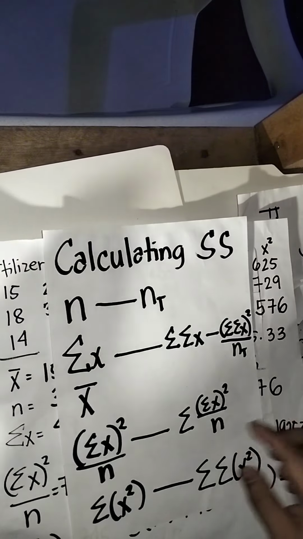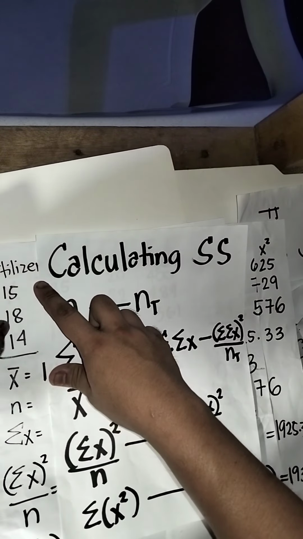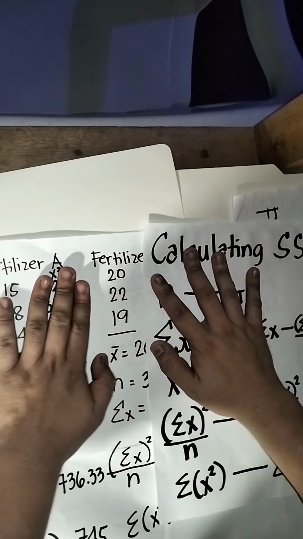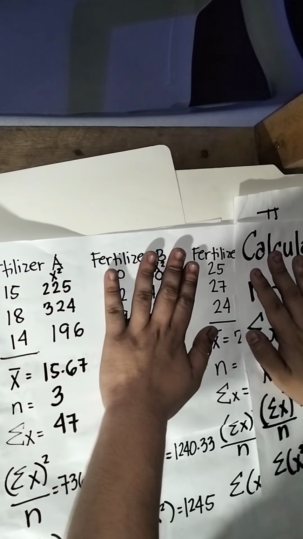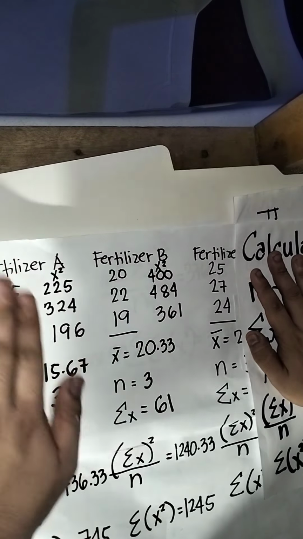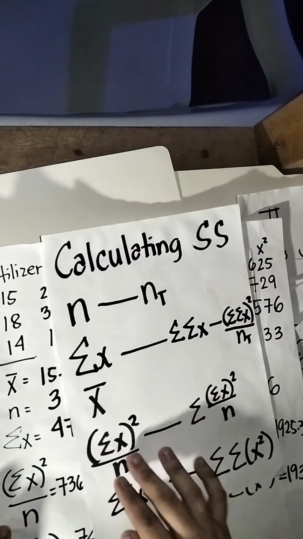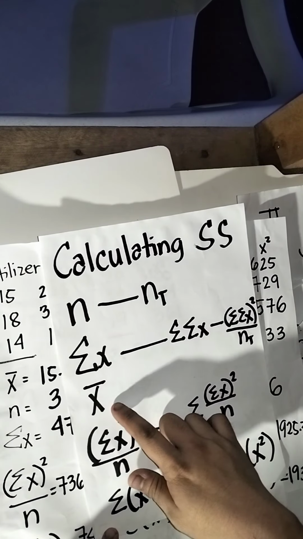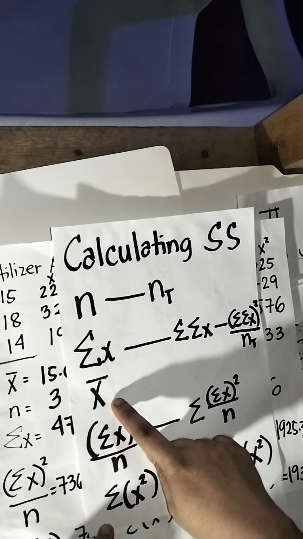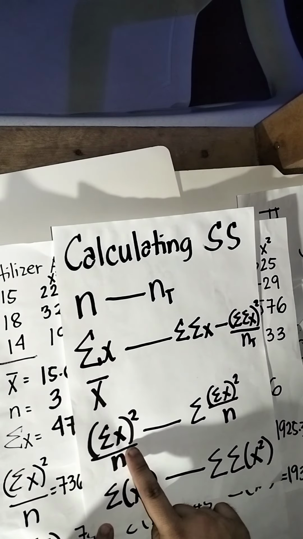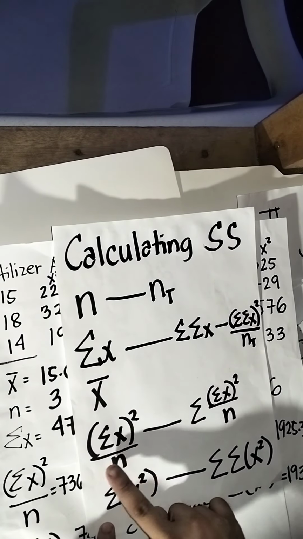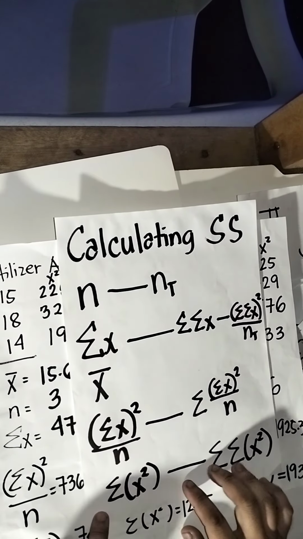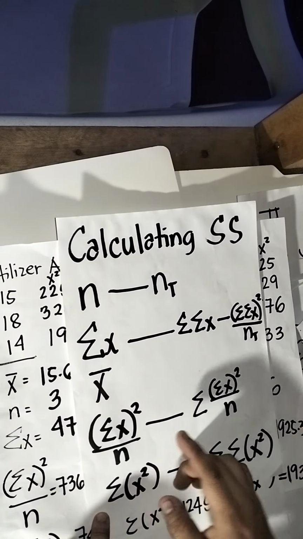For this one, pila man na to data nga ni? We have this one, 1. We have this one, 2. And we have this one, 3. So, each of the data, we should be able to get the N. The summation of X, the X bar, which is our mean, the summation of X raised to the power of 2 divided by N, and the summation of X square.